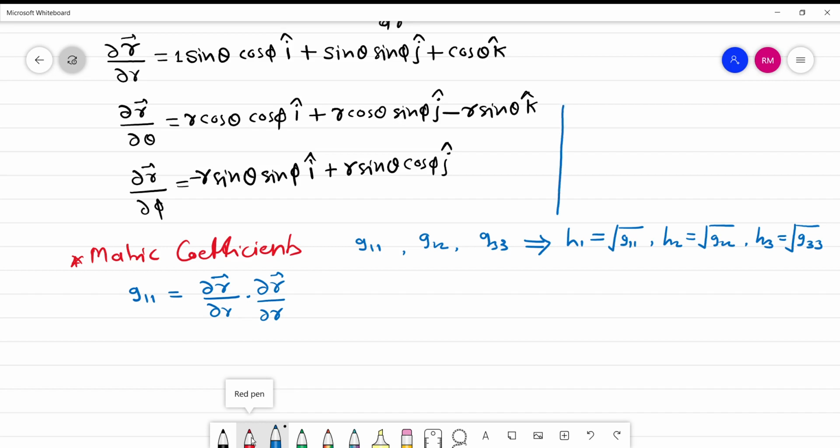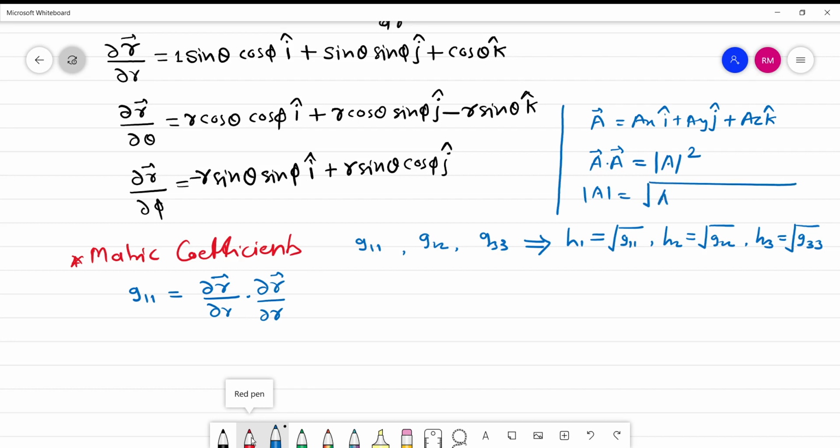So if A bar is a vector like this, ax i cap plus ay j cap plus az k cap, and you are taking the dot product of A bar with A bar, that simply means you are taking the square of its magnitude, and you know, if you want to find the magnitude squared, you will find it like this, ax square plus ay square plus az square, right?